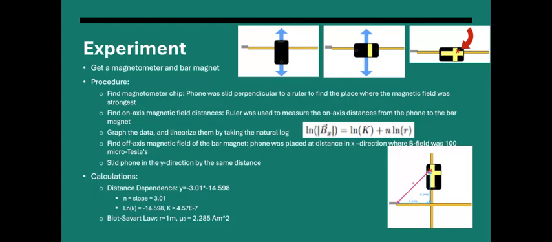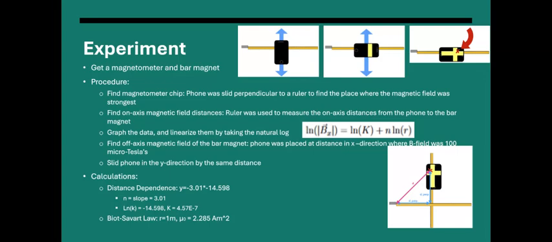Some of the calculations we did was the distance dependence, which was y equals negative 3.01 x minus 14.598, and we used n, which is equal to the slope, was 3.01. That's how we got that number. And then the natural log of k was negative 14.598, and k was positive 4.57 e to the negative 7.